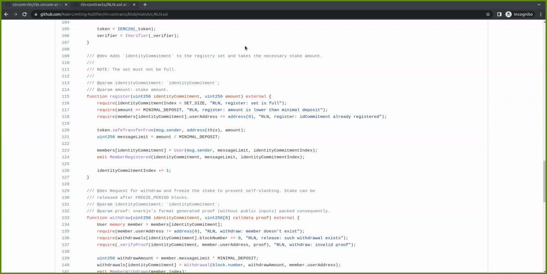You can use any Merkle tree for that, but for example, in the Vac protocol, we're using a sparse Merkle tree. So it's a big Merkle tree, and there are default values.